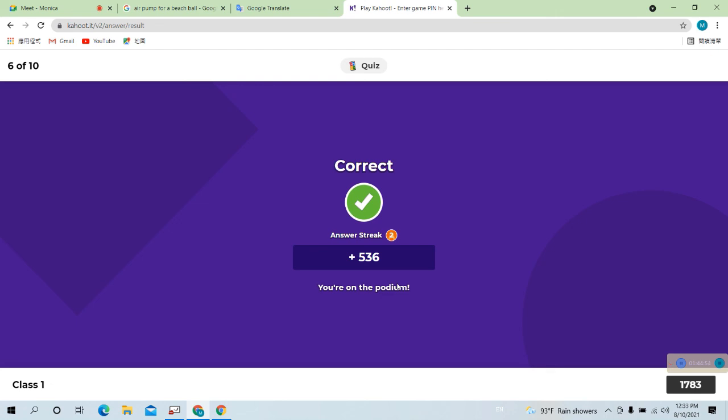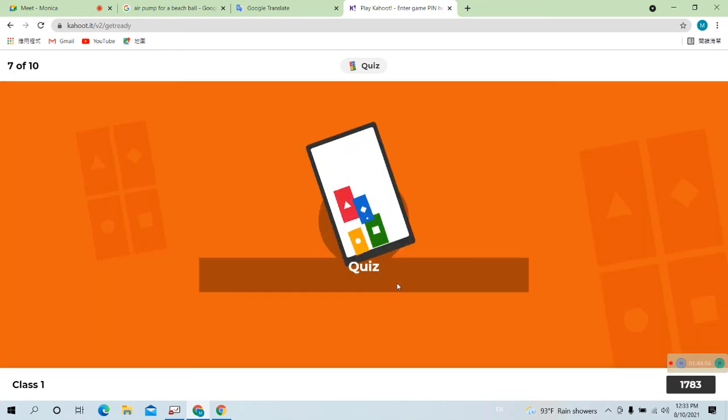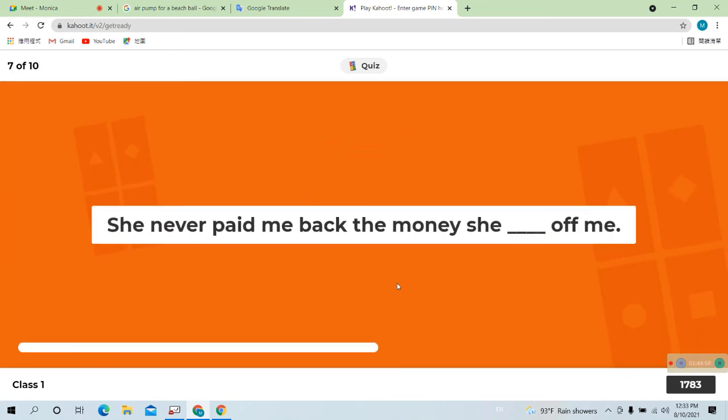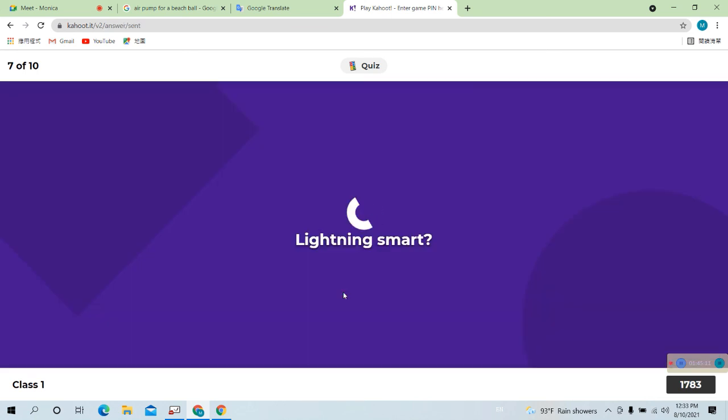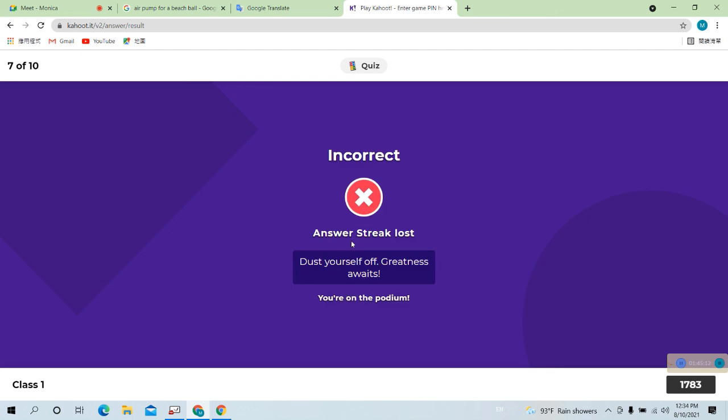Next, CS. She never paid me back the money. She lend off me. Borrow. I already chose lend because you said lend. It's borrow. She borrowed off me. Okay.